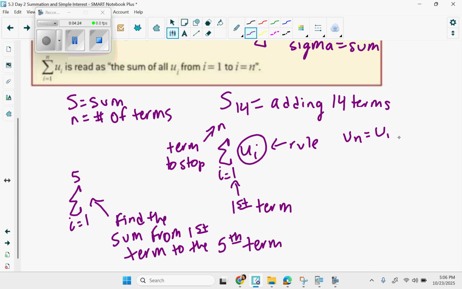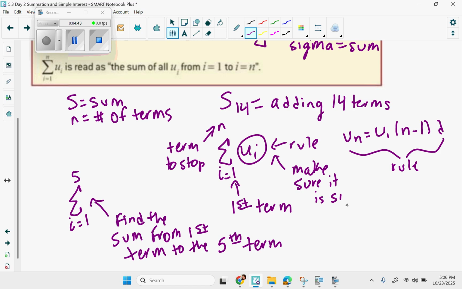So we have u sub 1 plus n minus 1 times d. This is our rule. Yesterday, we didn't really have to simplify. In this case, we will have to simplify, and you'll see what that looks like momentarily. So your rule here does have to be simplified, okay?